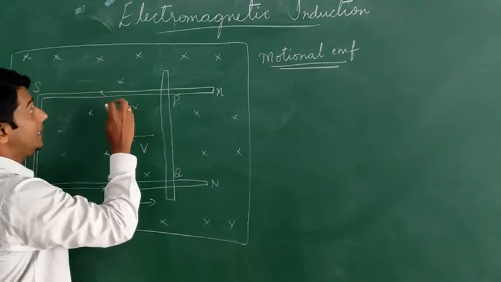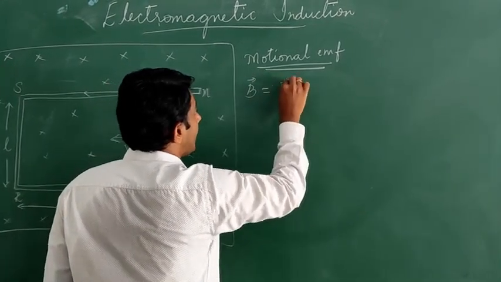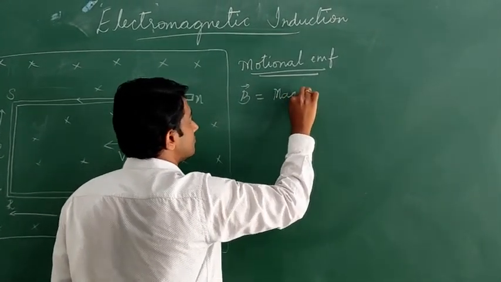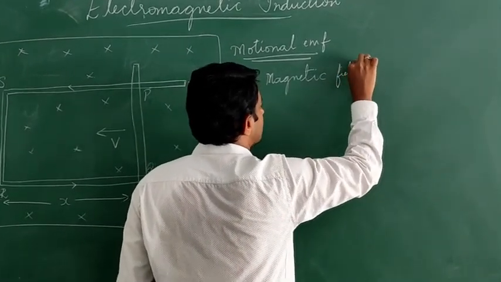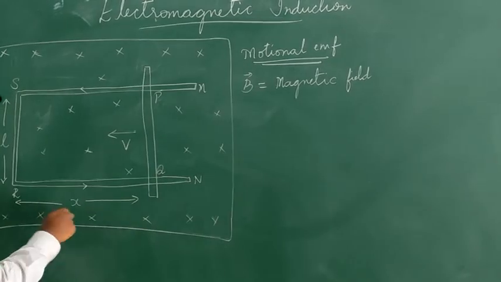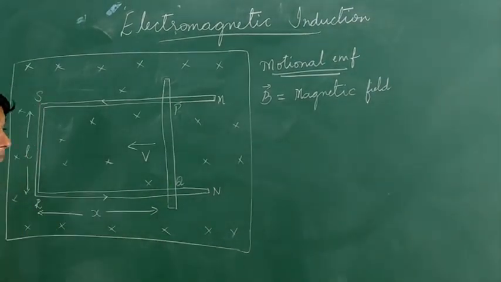Let L be the length of the conductor and B be the magnetic field. PQRS is a rectangular conductor, and PQ is the movable part of the conductor.